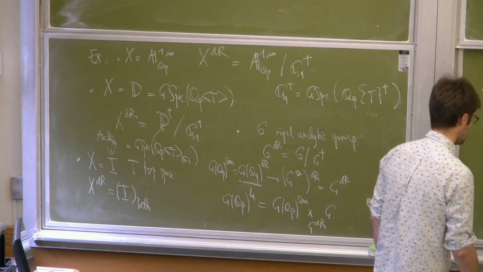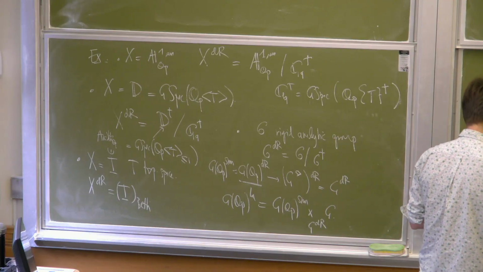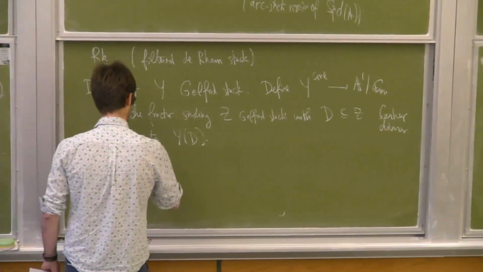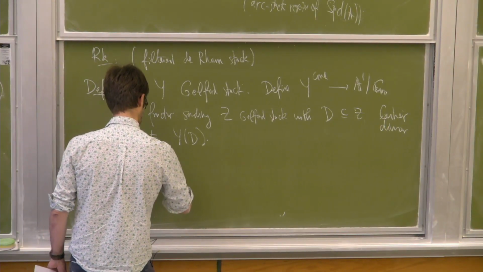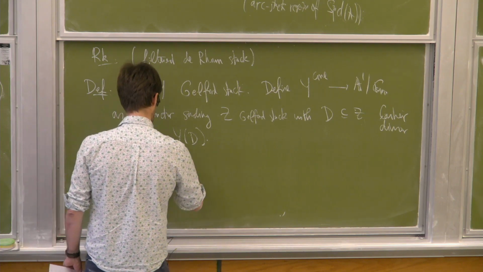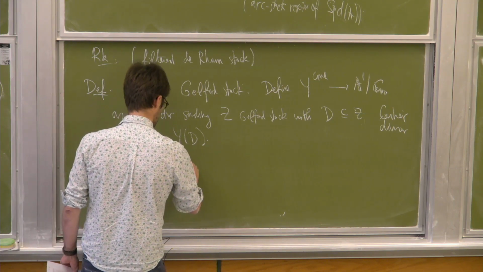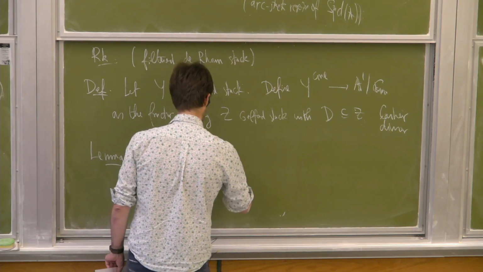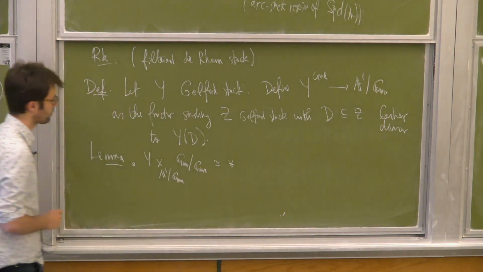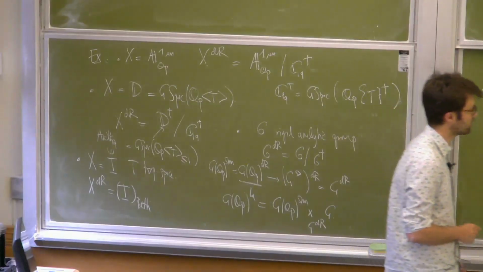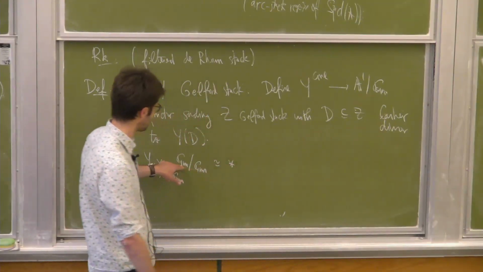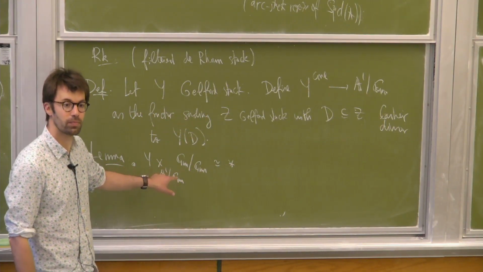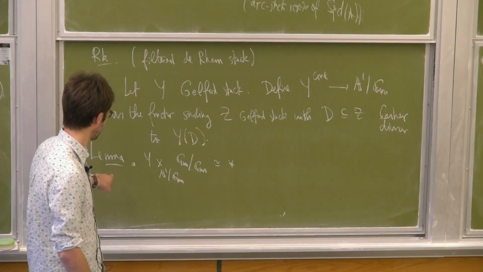And it has a funny geometry, so slightly strange. So if you base change over A1 mod GM to GM mod GM, which is just a point, then this just becomes a point. That's basically because this is the locus where Y, did you mean Y or you mean Y cone?